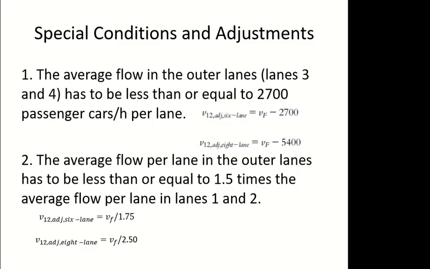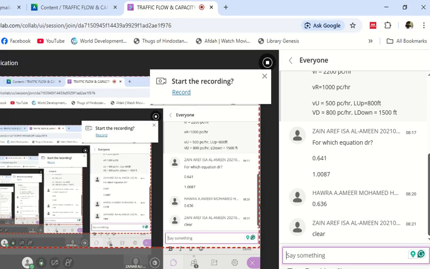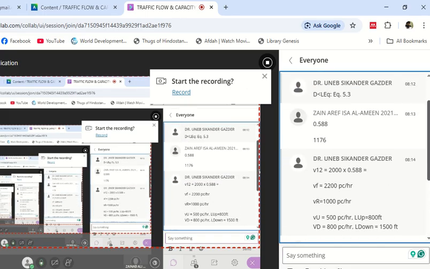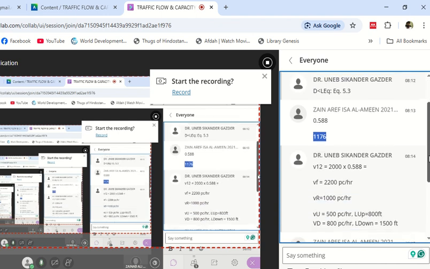According to these two checks, the first one says that the per lane flow should be less than 2700. The average flow in the outer lanes is what is remaining. After you have found V12, my flow was this much, and the full flow was 2000.